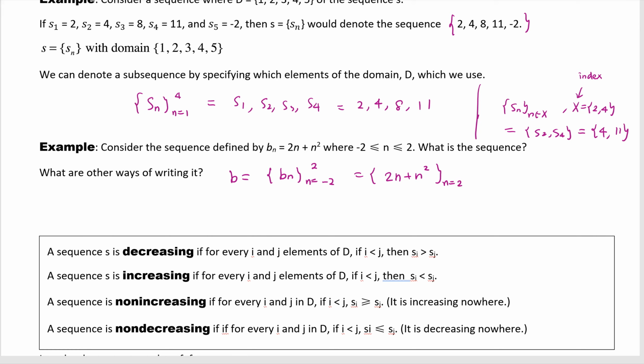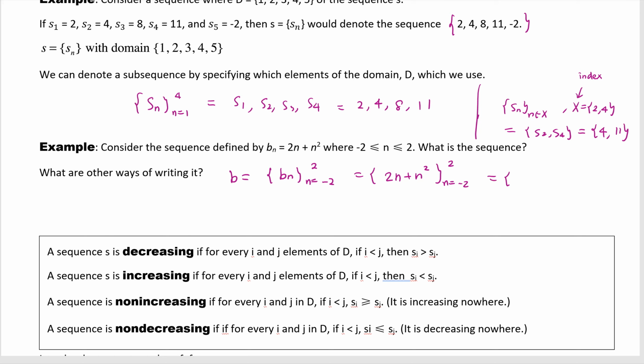Usually for a sequence we have the positive integers as the index, but according to our definition in this textbook, we allow the index to be negative numbers. So what is this exactly?